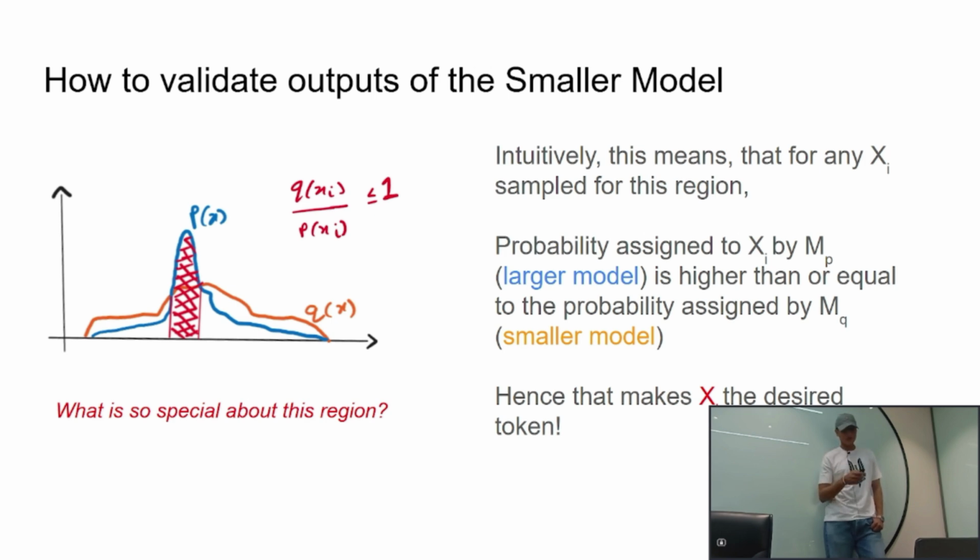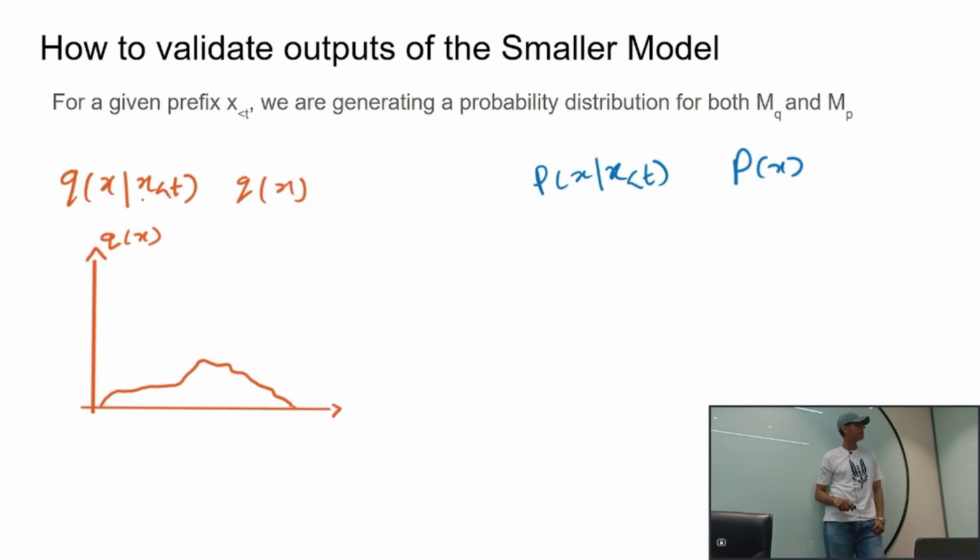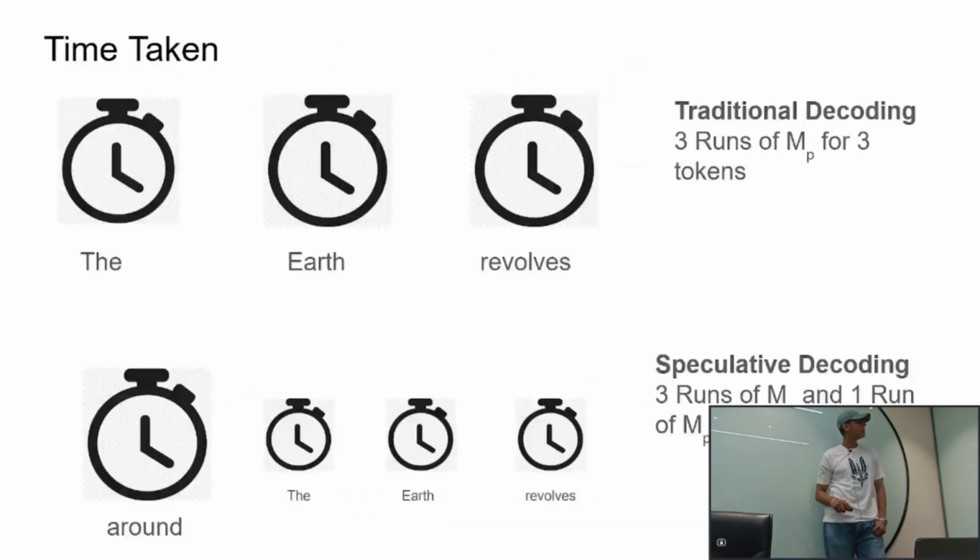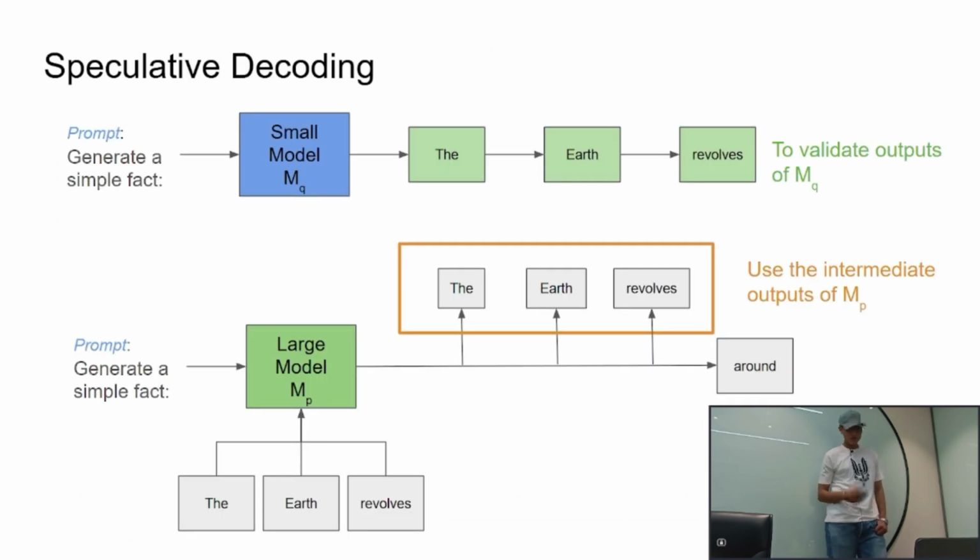Let's go back to that. Let's say the larger model actually predicted rotates instead of revolves. If it is seeing Earth as the previous token, then for the next token, in your probability distribution, revolves would have a lower probability compared to rotates.